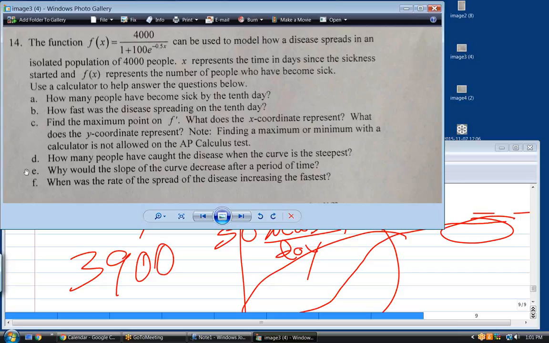When was the rate of the spread of the disease increasing the fastest?